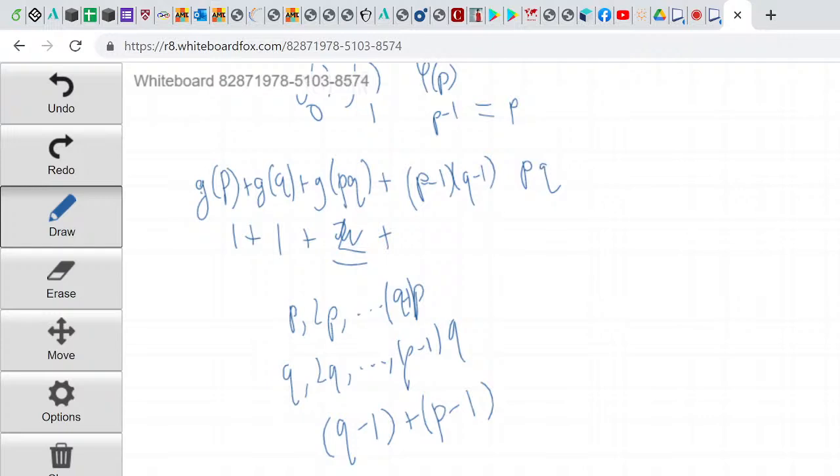And if you add the 1s, you get p plus q plus pq minus p minus q plus 1. Yeah, so it really is bigger.